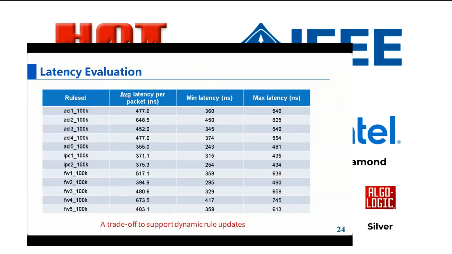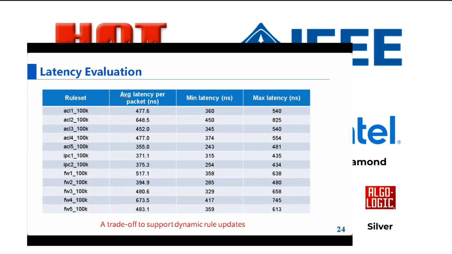We have also calculated different latency values per packet for benchmark rule sets, including average, worst case, and best case latencies. The latency is closely related to several factors, such as the number of trees, the depth of the tree, the number of leaf nodes, and memory access latency.